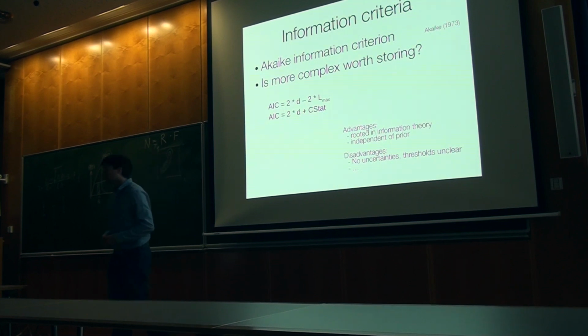Sorry, just a question. You've got CSTAT in there. It's a bit like these likelihoods from Michael talking about in the previous talk. So isn't this just very similar to this likelihood ratio if you're comparing 2 different CSTATs? It is, yeah, it is somewhat similar, but the derivations are very different.